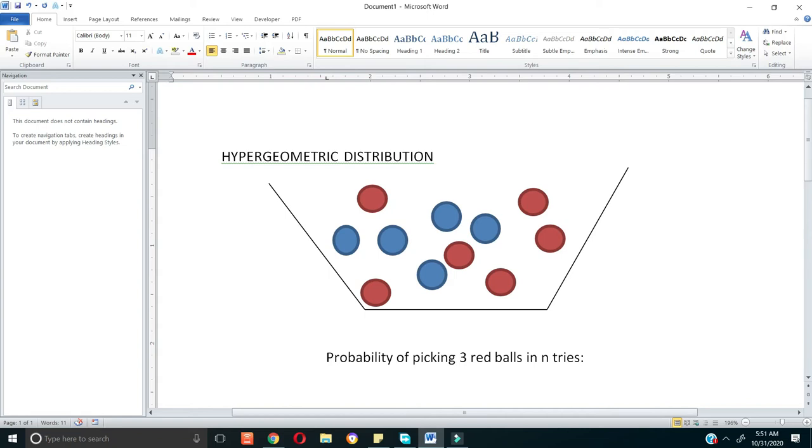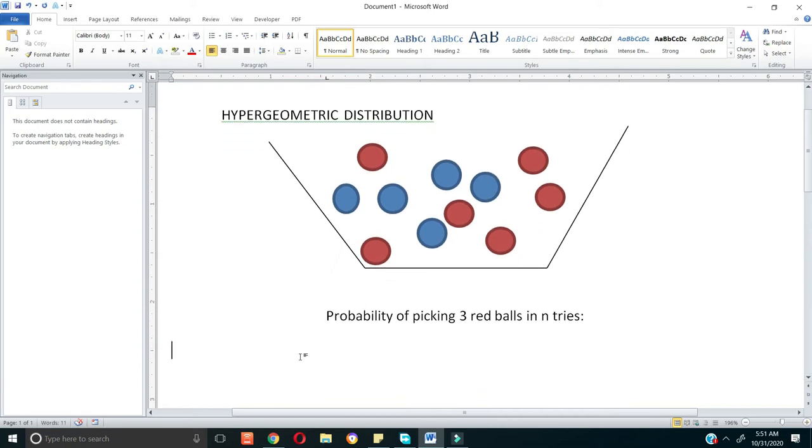So really, if I pick 3 red balls in n tries, so number of tries is n, let me just start with a general formulation. Probability of picking x red balls in n tries, so number of tries is n.